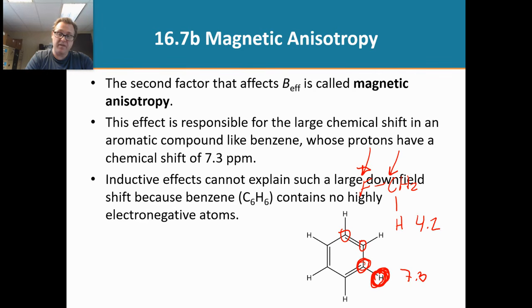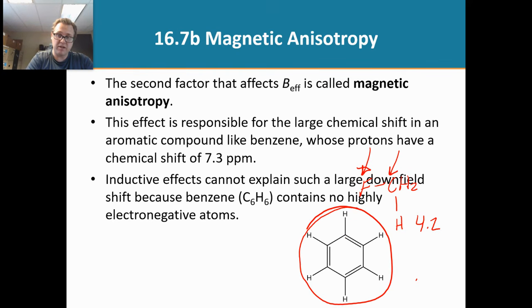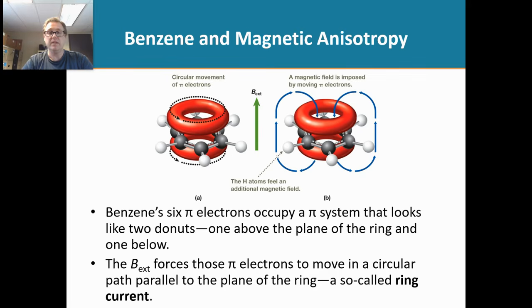So the inductive effect does not explain why these hydrogens on the benzene are so far downfield. Let's get into the explanation of it. In this diagram here, the black and white spheres are the benzene ring.